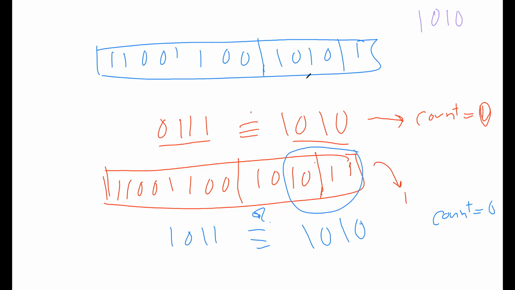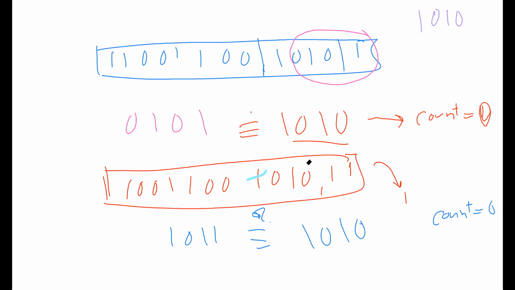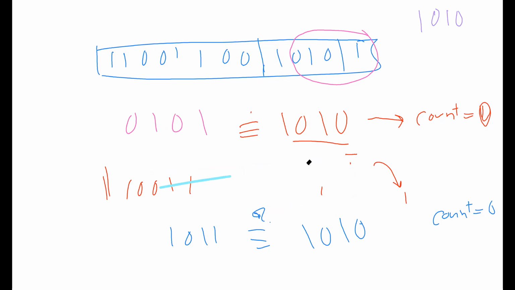You will see that the first 4 bits are this, so that is going to be 0 1 0 1. Is it equal? No, it's not equal. The count stays 0. Therefore, you go and do one more shift.